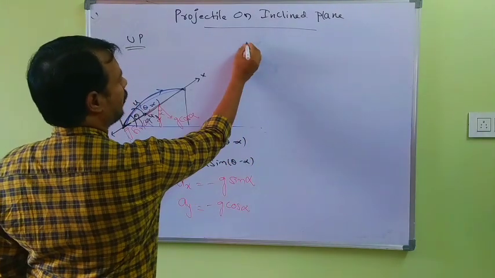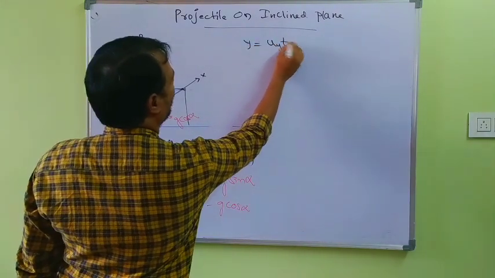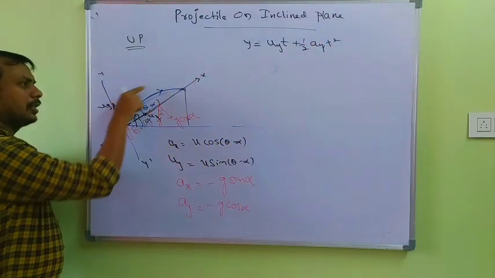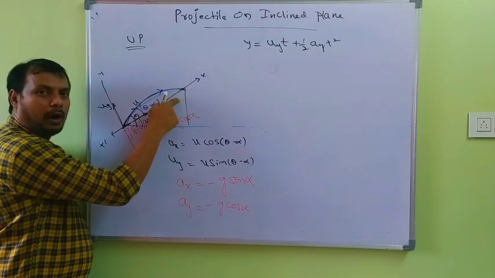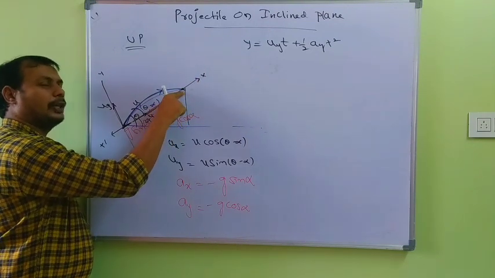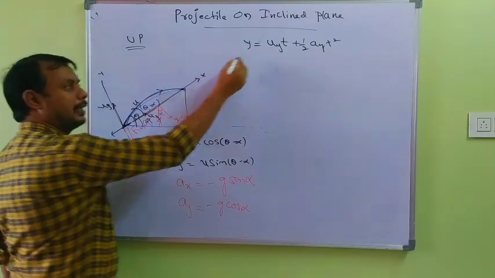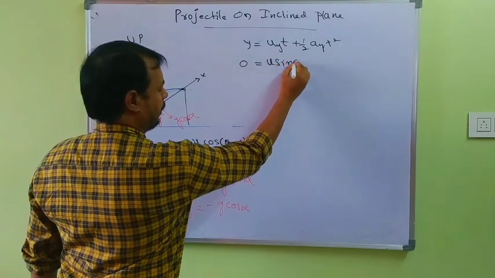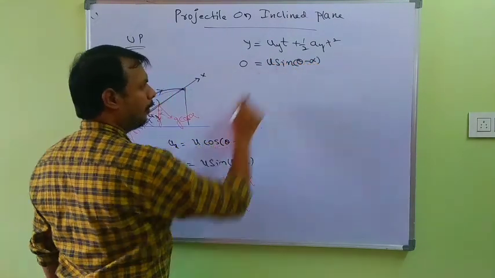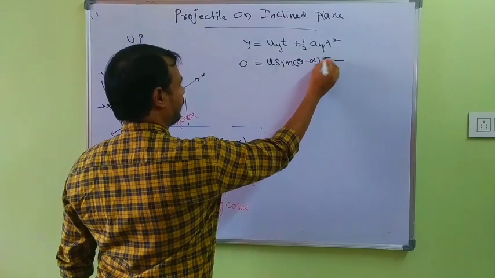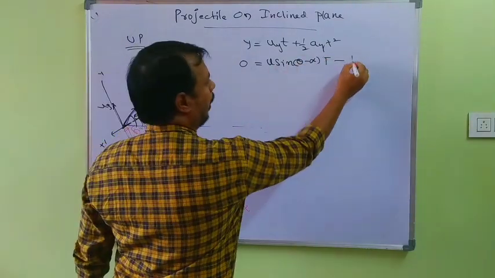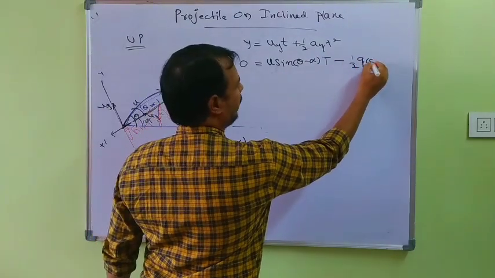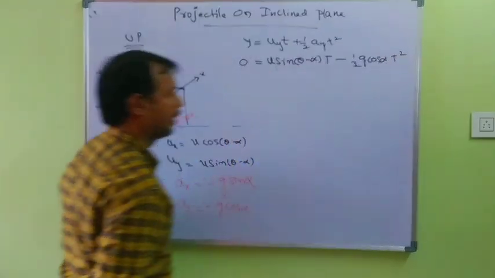Applying the second equation of motion, y equals uy t plus half ay t square. Reaching this point on the x-axis means the y coordinate is 0. So 0 equals uy, which is u sin(theta minus alpha), times t, the time of flight, plus half ay, where ay is minus g cos alpha, so minus half g cos alpha t square.